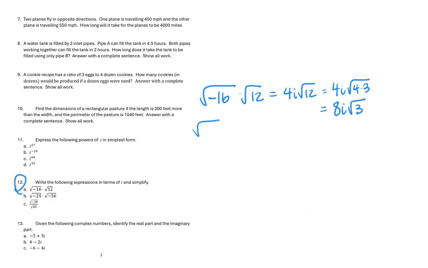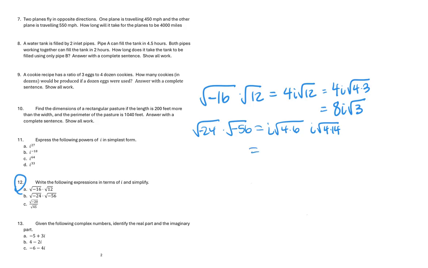Okay, square root of negative 24 times square root of negative 56. Okay, so I'm going to get an i. And then 24 is 6 times 4. And then for the negative 56, I'll get an i. And square root of 56, 56 is 4 times 14.